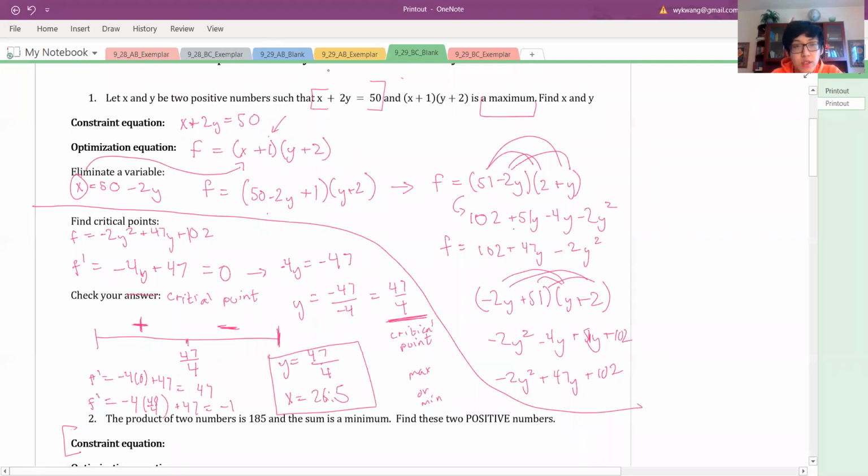So that's telling us what these two numbers must be equal to. So it has to follow this rule. It's constrained by this rule. In this case, second problem, there's a different rule that these two numbers must abide by.